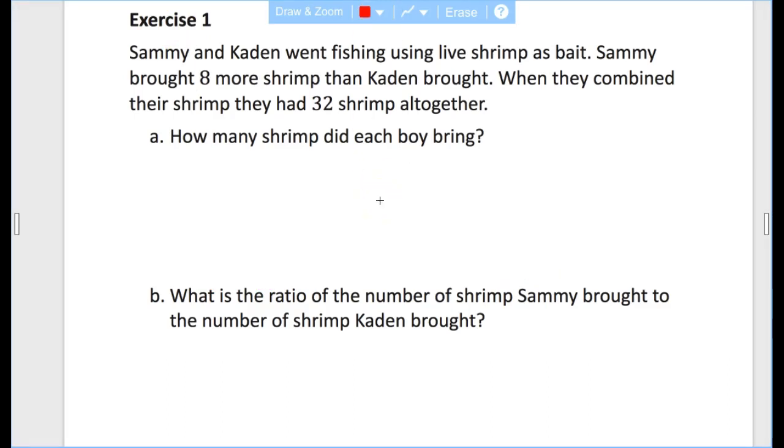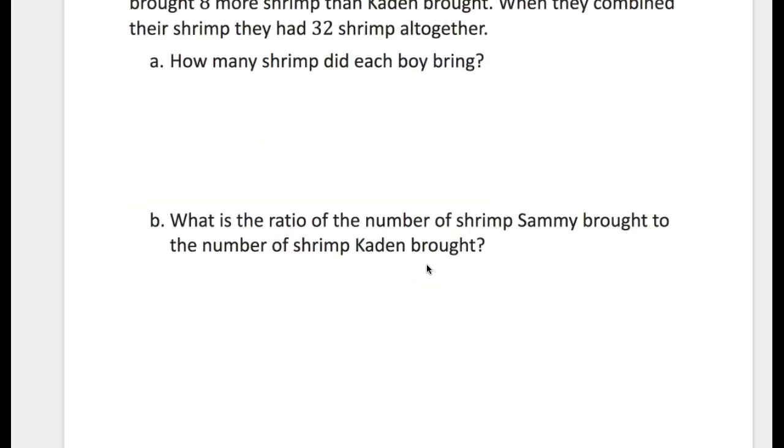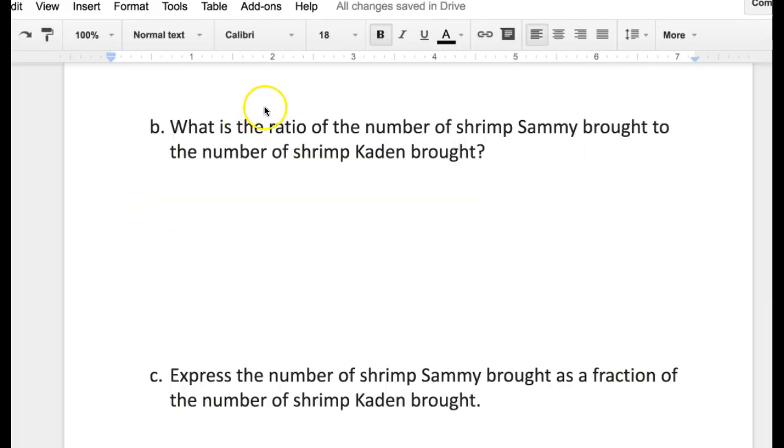All right, I'm just going to move this up a little bit now. Okay, so when we're talking about the number of shrimp, B says, what is the ratio of the number of shrimp Sammy brought to the number of shrimp Caden brought? So let's go ahead and write in our information over here. Sammy brought in, if you remember, 20 shrimp, and Caden brought in 12 shrimp.